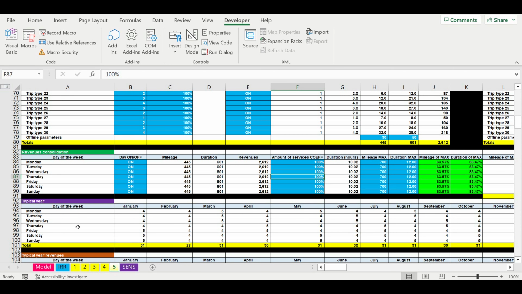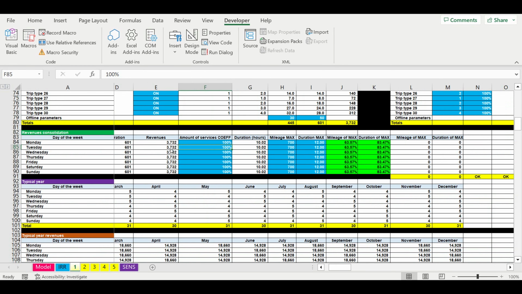So here we can also set up the limits for the daily mileage of the car. So for example, we can assume that the car won't be riding more than, let's say, 400 miles a day, and the car won't be working more than, let's say, 9 hours per day.